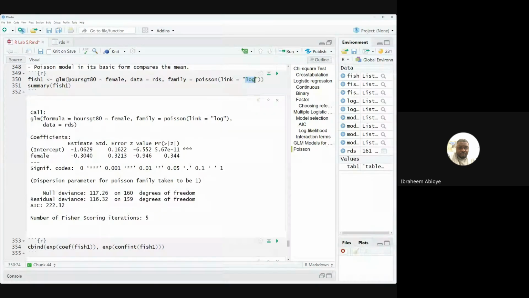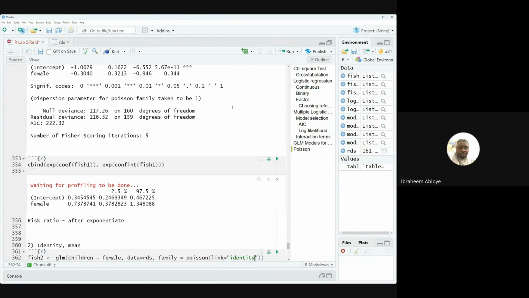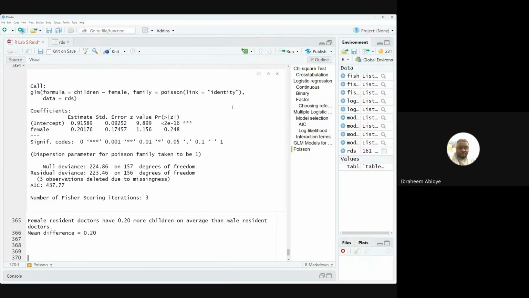Because I have the log, okay, I'll summarize, and you'll fully get it when I summarize. Can I just ask one other question? You refer to the one where the link is log as log Poisson. If the link is identity, do you call it something else, or just call it Poisson?